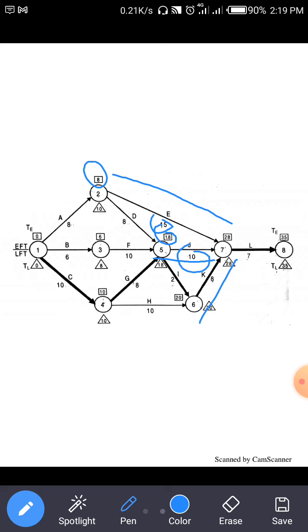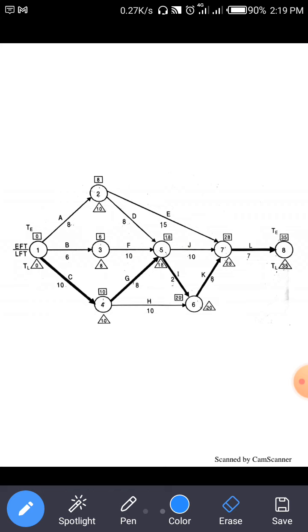So 18 plus 10 is 28 and 20 plus 8 is 28. So the maximum value is 28. So right here as the T value for node number 7. Similarly for the 7 to 8 arrow, 28 plus 7 is 35. Clear? So we find out the T value of each and every node.